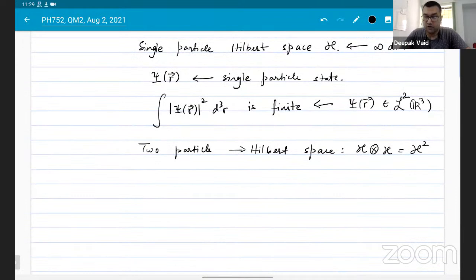And so here we are not talking about the spin degree of freedom of the particle, right? If the particle has a spin degree of freedom, then let me write that down also.